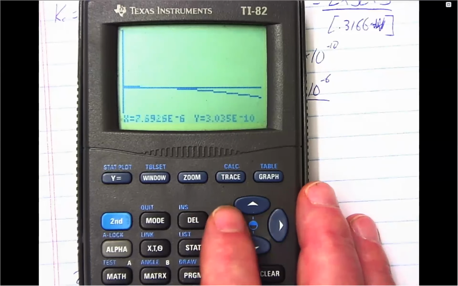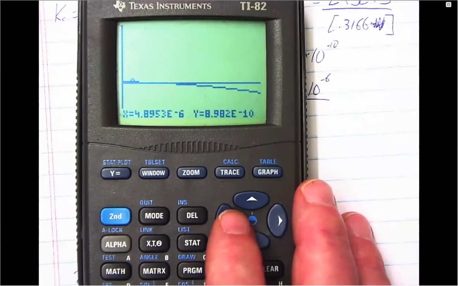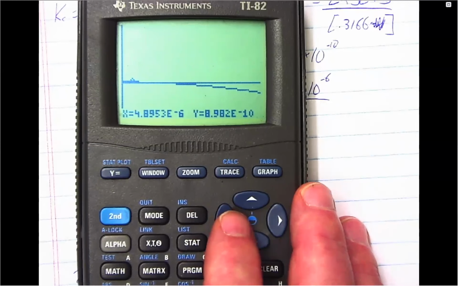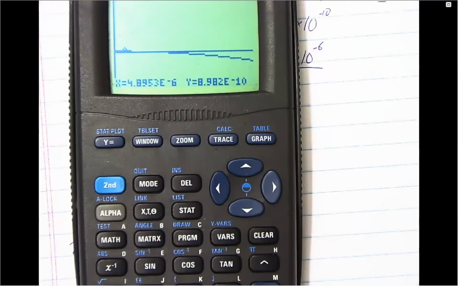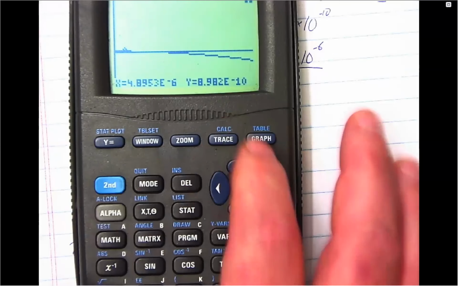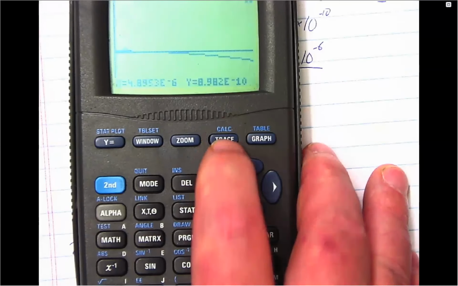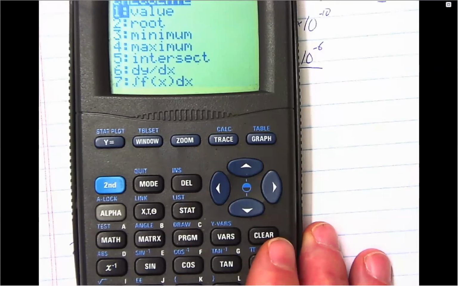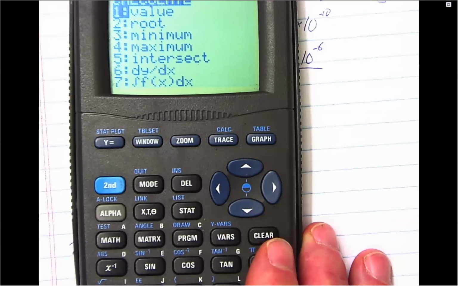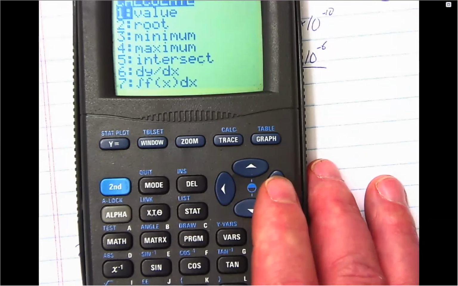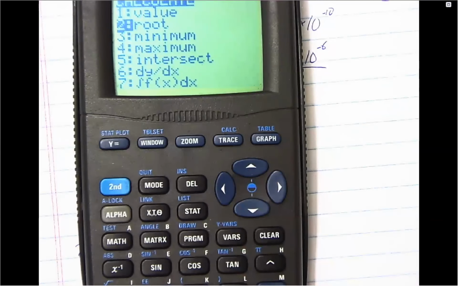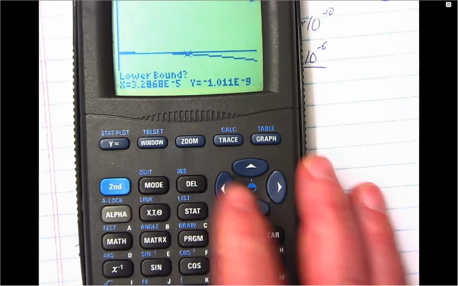So how are we going to find that answer directly? Your calculator has a couple of different ways to do that depending on how old it is. So with this old ancient calculator, I'm going to go second function and then calculate. I think I should be able to calculate this as a root, a root being a place where we cross the x-axis. So when I hit enter here, it's going to ask me for lower bound.